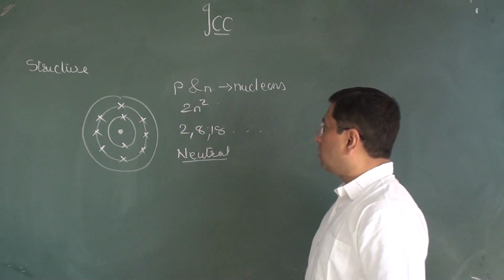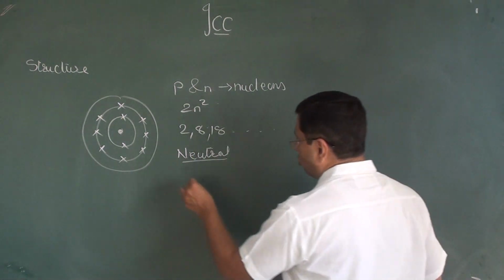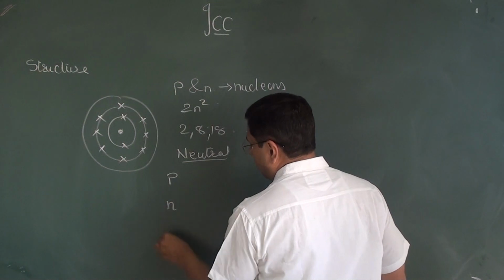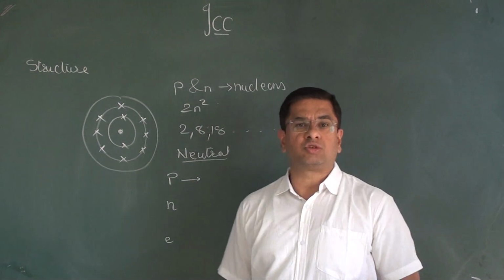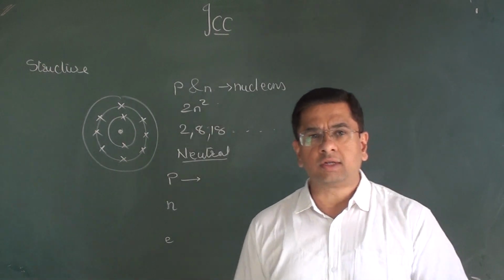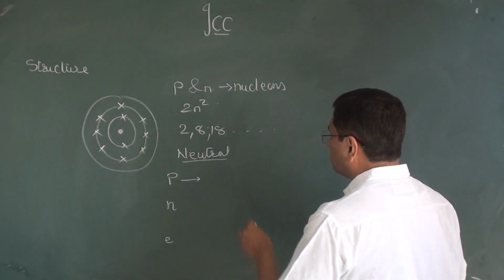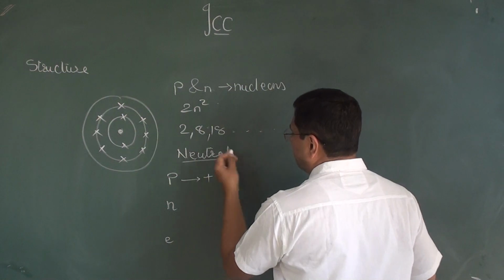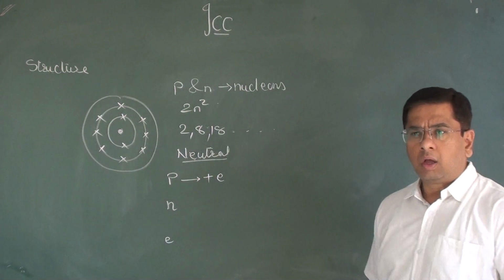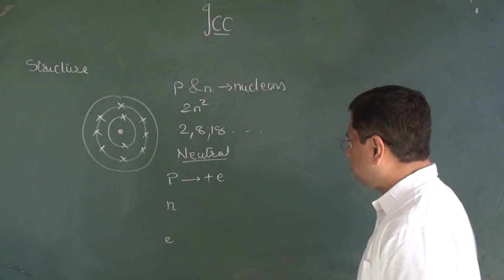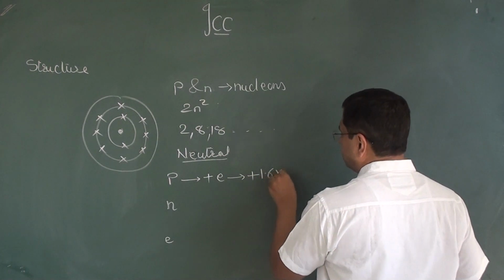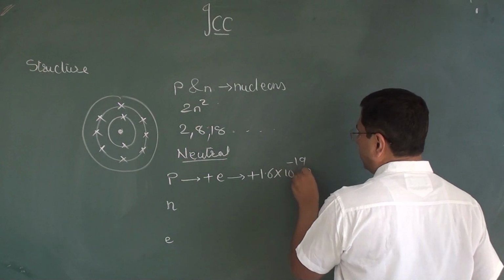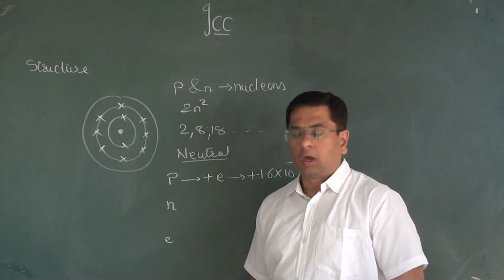So what is the charge? If I talk about proton, neutron and electron, in terms of charges, the charge on a proton is positive. It is written plus e. Charge is measured in coulombs and we write it as plus 1.6 into 10 raised to the power minus 19 coulombs.